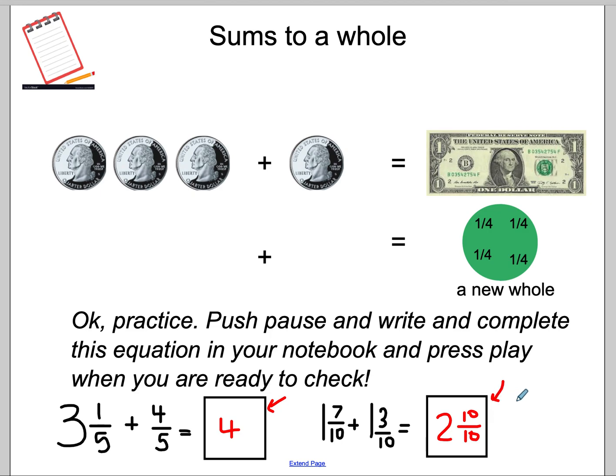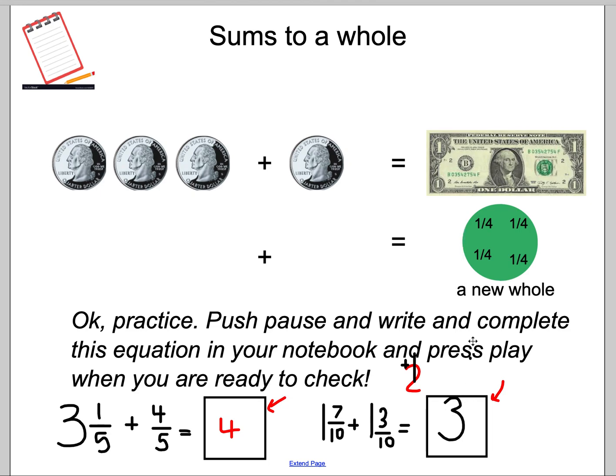You've been great this whole time. That means we can actually trade that 10/10 for a new whole. So if we trade that 10/10 for a new whole, we now get an extra 1. And then what is 2 plus 1? It's 3. So we can kind of just move those out of the way, and the answer is 3.